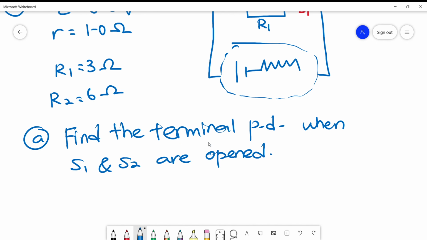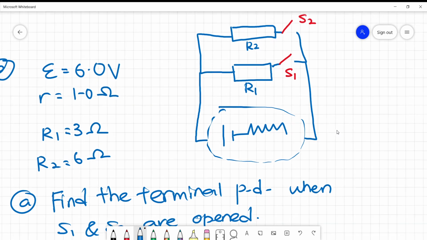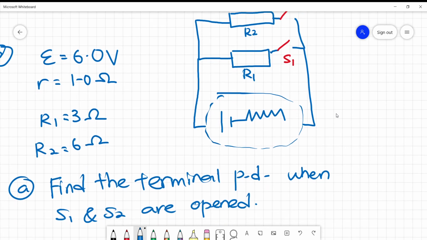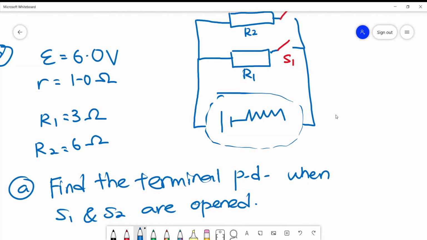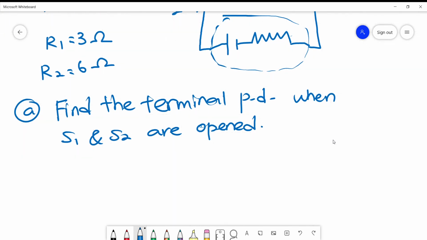Since both switch 1 and switch 2 are open, it means that there's no current flowing inside the circuit. When there is no current flow, there is no voltage drop across the internal resistance inside the battery.